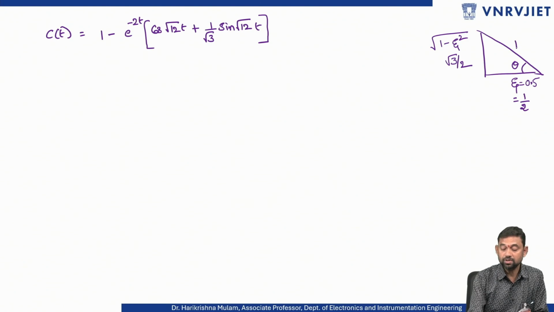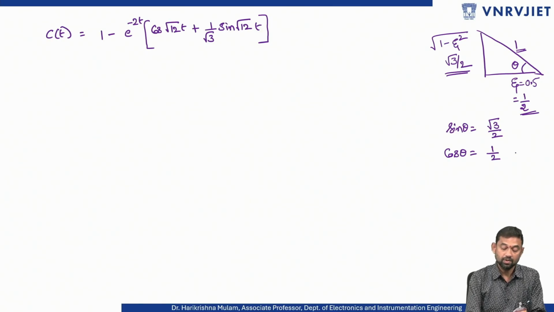And anyway, hypotenuse is always 1. And based upon these values, you can get sin theta is equal to opposite side by hypotenuse, that is root 3 by 2. Whereas cos theta is equal to adjacent side 1 by 2 by 1, which is 1 by 2.